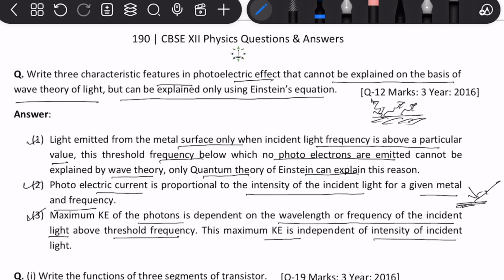Normal wave theory says if more intense light is incident, then energy is more, so there should be emission of photoelectrons, but no, it is independent of intensity. It depends on the frequency, or you can say the wavelength, of the incident light. Correct? It doesn't depend on the intensity. So these 3 phenomena can only be explained by the quantum theory of Einstein.